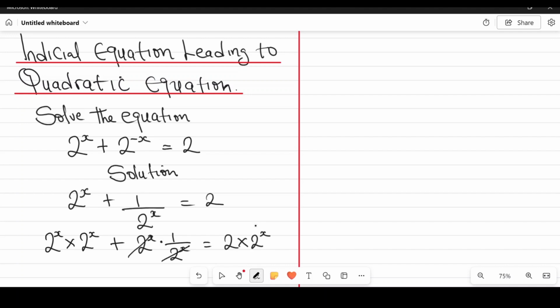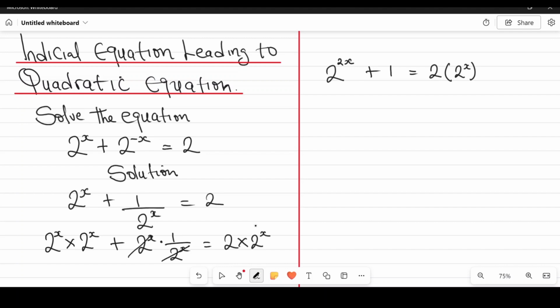I'll be left with 2 to the power of 2x plus 1 equal to 2 times 2 to the power of x. Now at this point, we can move the value on the right hand side to the left hand side.